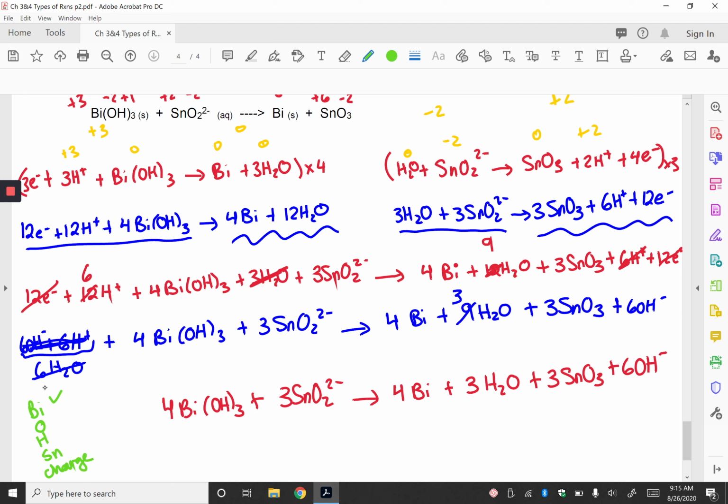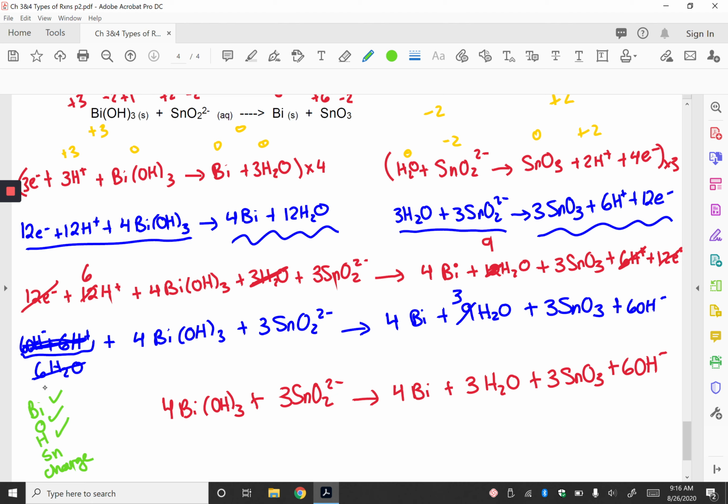So 4 times 3 is 12 plus 6, so 18. On this side we have 3 plus 9 is 12 plus 6, 18. Good. Hydrogens. 4 times 3 is 12. On this side we have 3 times 2 is 6, and another 6, so that's 12.